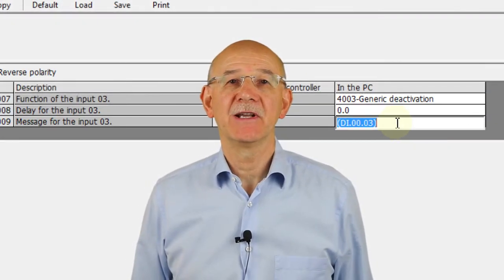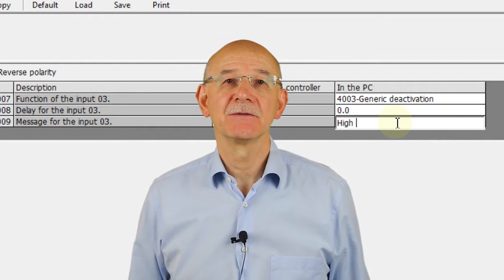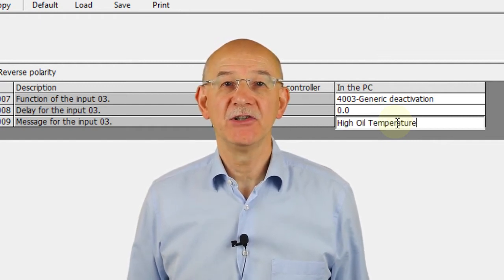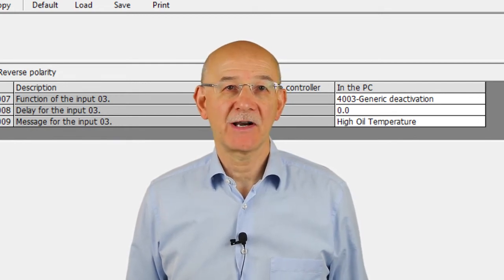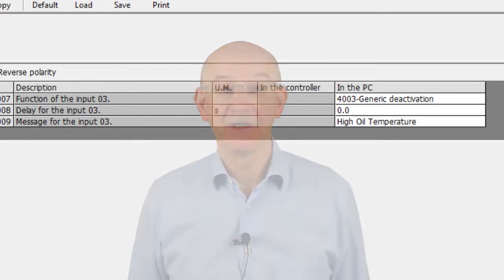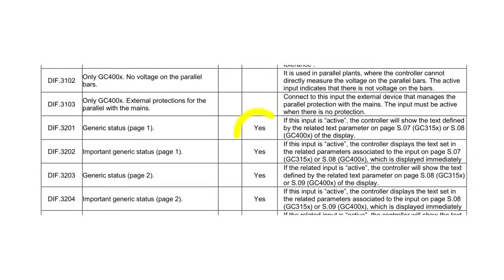The third parameter allows you to define a custom text message for the selected digital input function. Not all the digital functions are affected by this parameter. The same list has a column that shows the functions affected by this parameter. A description also explains how this text is used by the controller.